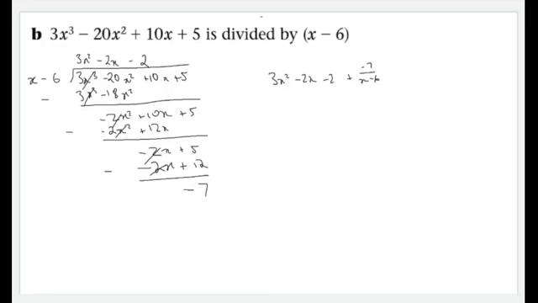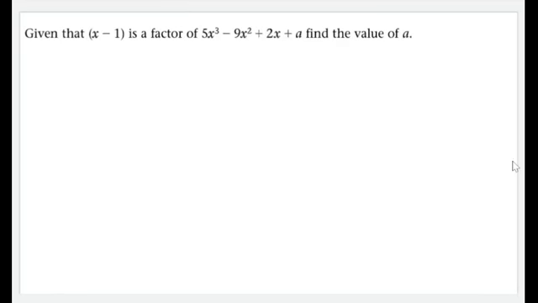Yep. Okay. Nice. All looking good. And then I guess one question here. Given that x minus 1 is a factor of 5x cubed minus 9x squared plus 2x plus a, find the value of a.